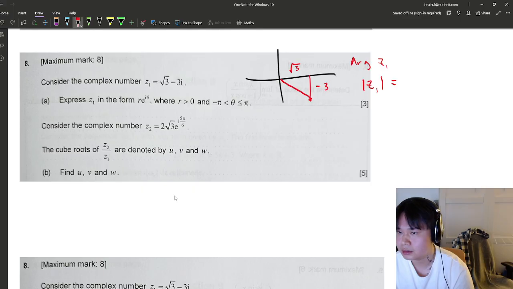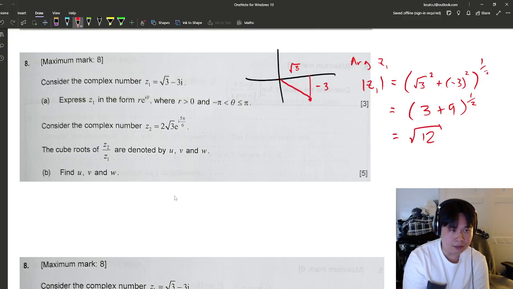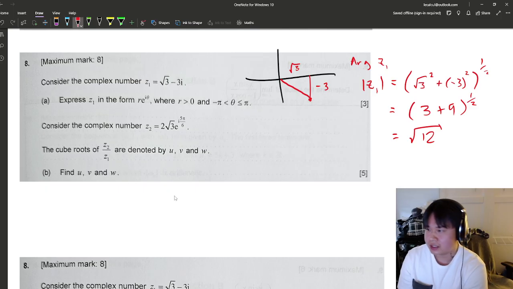So what is this? Root 3 squared plus negative 3 squared, square root. 3 plus 9. Okay, root 12 is our modulus, I think is the word.